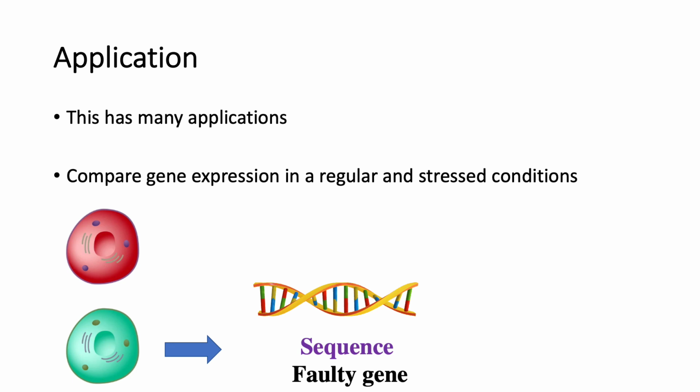Then we can simply sequence that gene and know precisely where a mutation has occurred, and therefore get information about how the resulting protein has been altered, which allows us to understand on a fundamental level why the plant wilting is occurring and suggest new approaches for treatment. There are a lot of other common applications of these techniques as well, which have a range of utilities. All of this makes the DNA microarray assay an indispensable tool in the molecular biology laboratory.